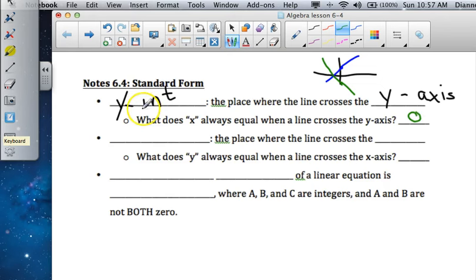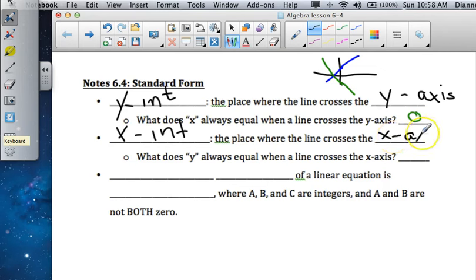Well, if the y-intercept is where a line crosses the y-axis, what do you think an x-intercept would be? Hopefully you said the place where the line crosses the x-axis.